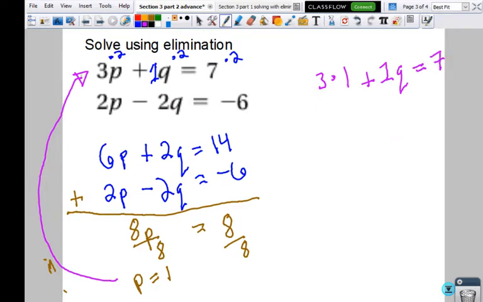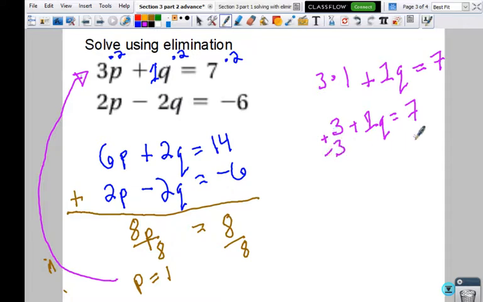We got to go through and solve it. Jared, what's the first thing I should do? You do 3 times 1, which is 3. So we're going to go 3 plus 1q equals 7. And you guys are doing pretty good. So I'll finish on. We got to get rid of this 3 out in front, right? And we're going to do that because it's a positive 3.